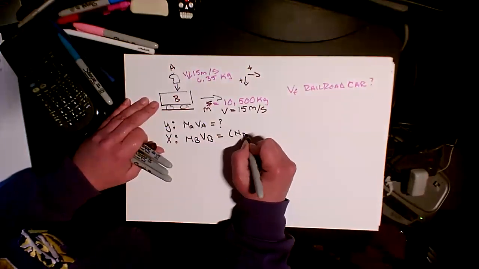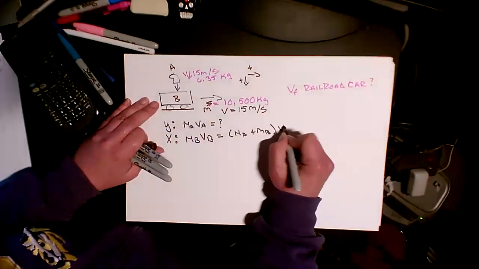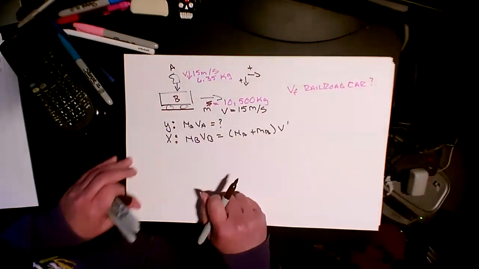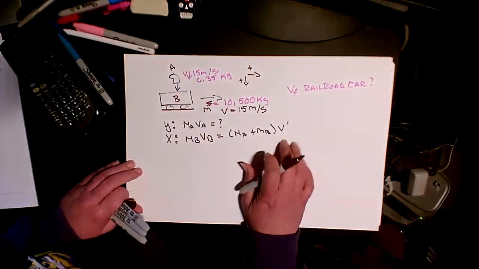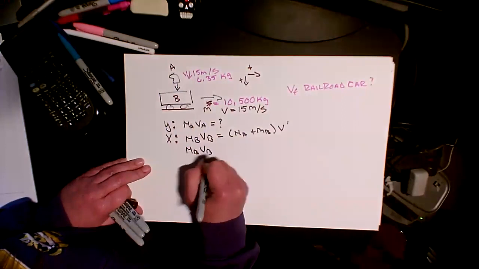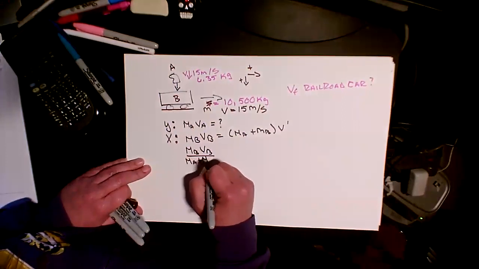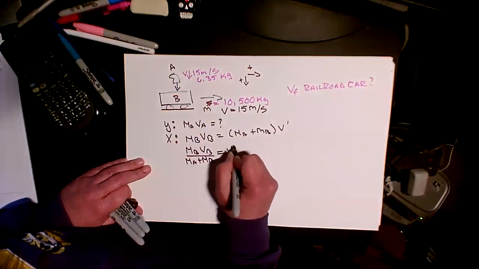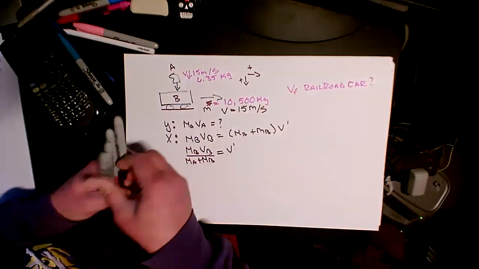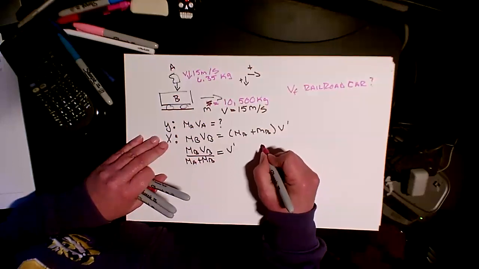It's mass A plus mass B times V prime of the combined system. So if it wants V prime, then it just becomes mass B, velocity B, divided by the sum of the masses, is my V prime.